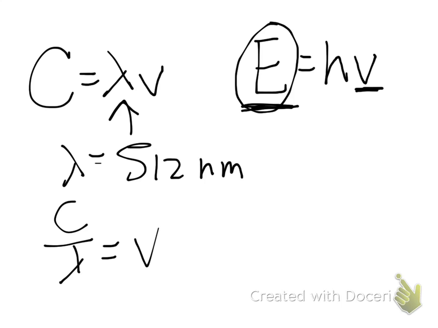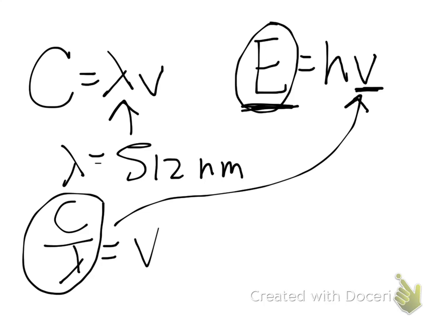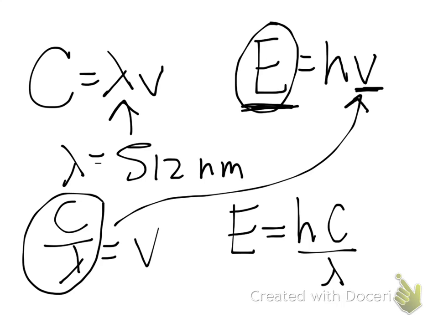We do something called substitutions a lot. So we go, oh, well, this is equal to V. I can plug that in for V. So E equals HC over lambda. It's just substitution. It's just making a larger equation out of 2 smaller ones.